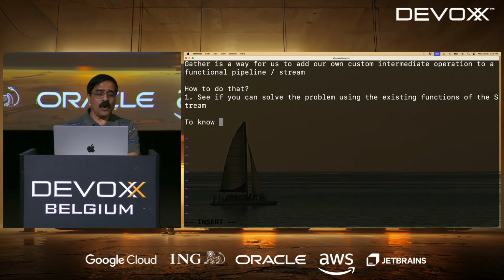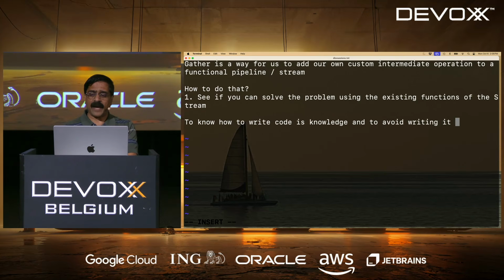To know how to write code is knowledge, right? We love knowledge, and of course, to avoid writing it is wisdom. I always want to emphasize both of those, right?